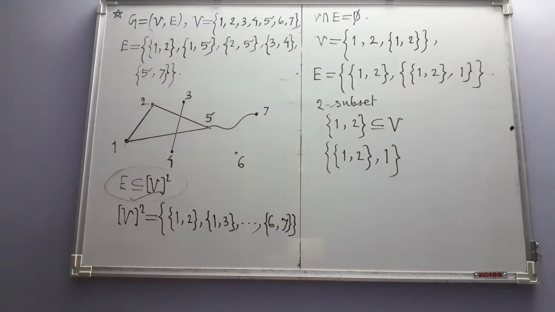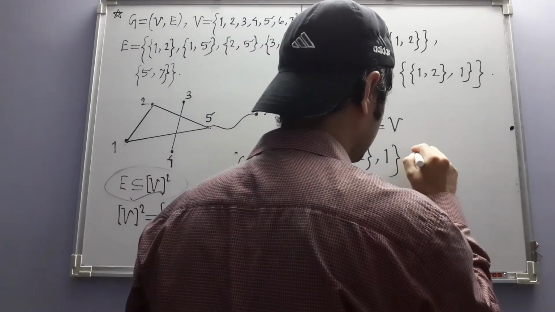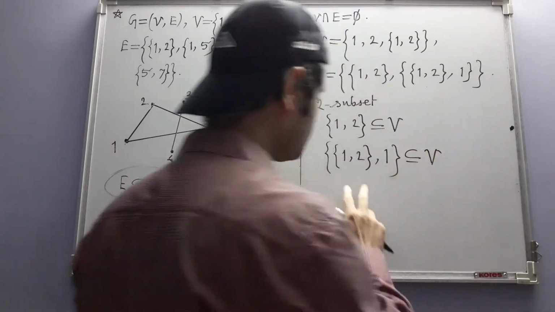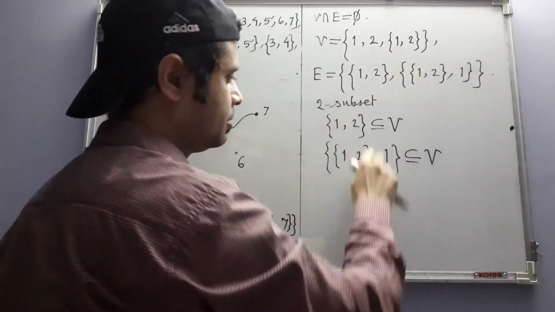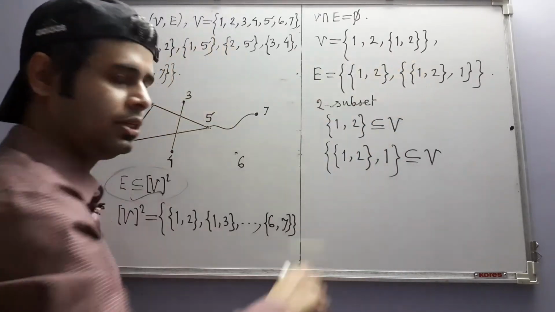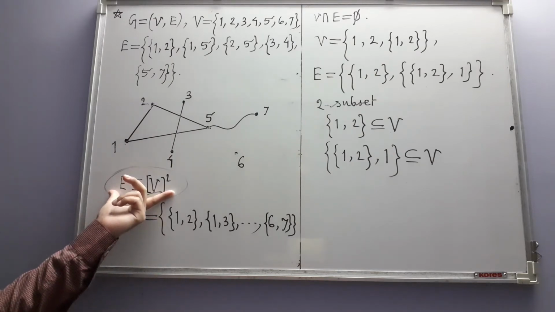This is also a subset of V and it has 2 elements. The first element is in V as an element. The second element also is in V as an element. So yes, this relation is satisfied.